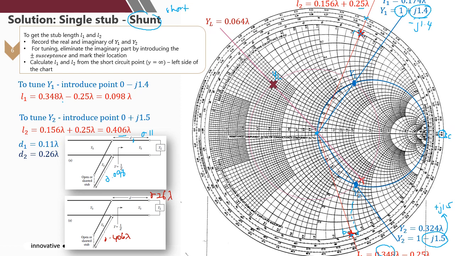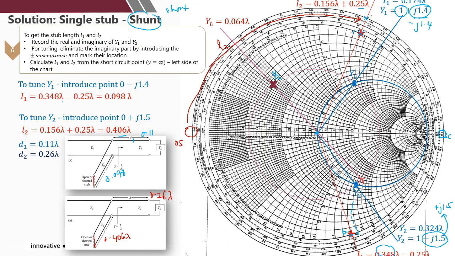Okay, and this is the short. If it is shunt but open, then you'll be comparing to this point, the open circuit. So the length will be from here to this point, to L2.